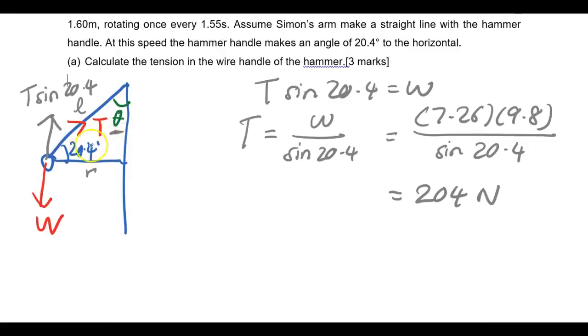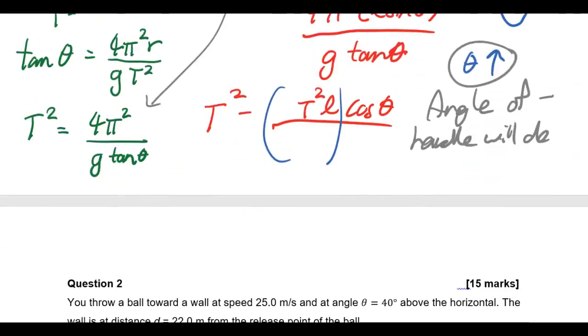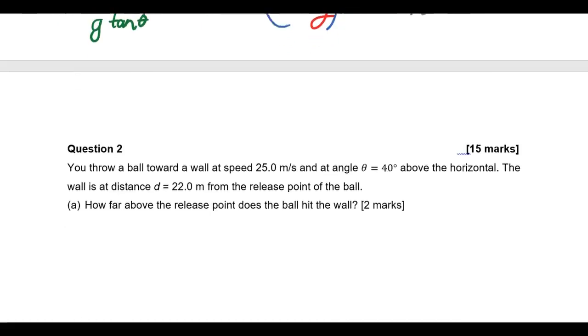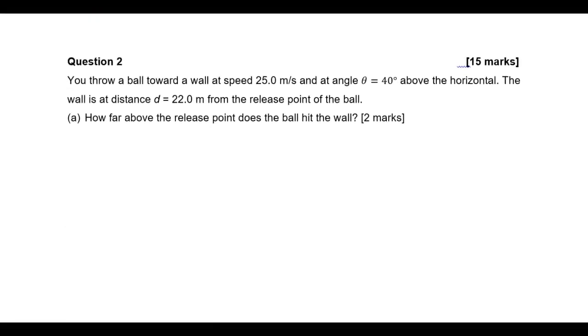If this is increasing, on the other hand here, the question asking how does this angle change? If this increase, this must decrease. So answer here will be decrease. Okay, will decrease. Yeah. So this is one of the long explanation. Okay, let me move on.